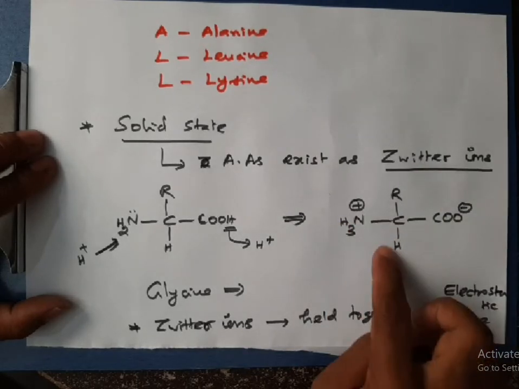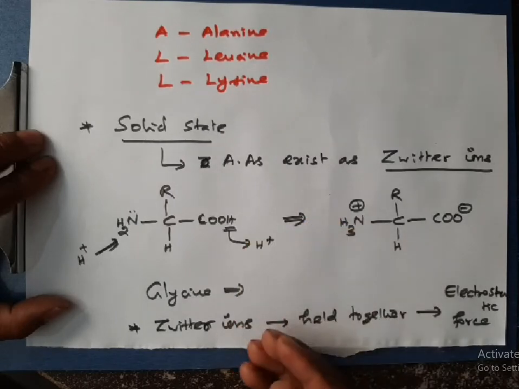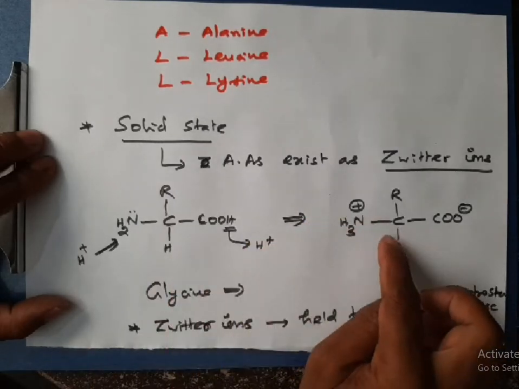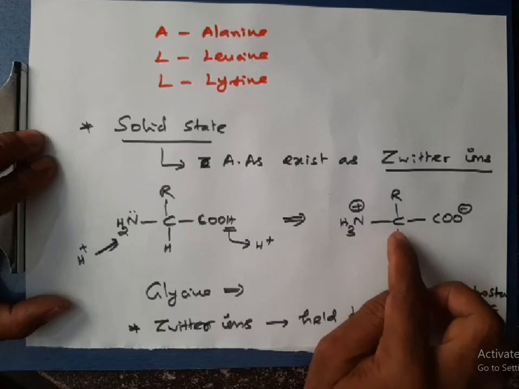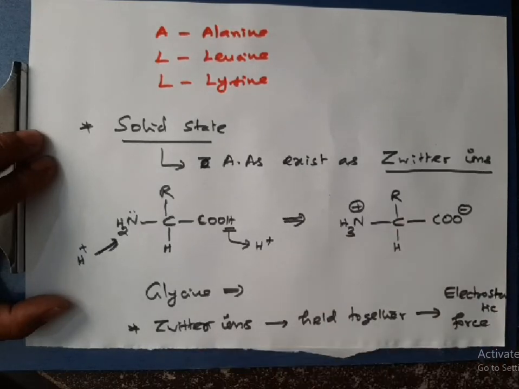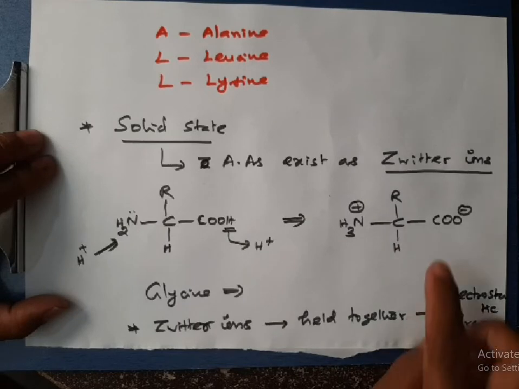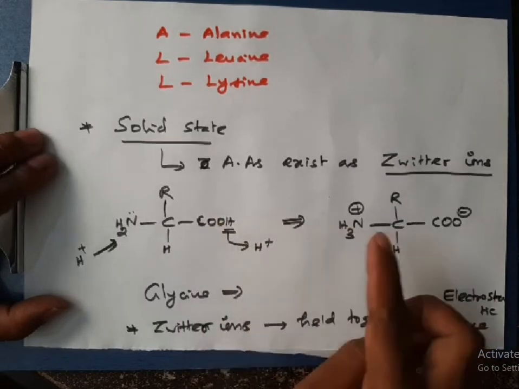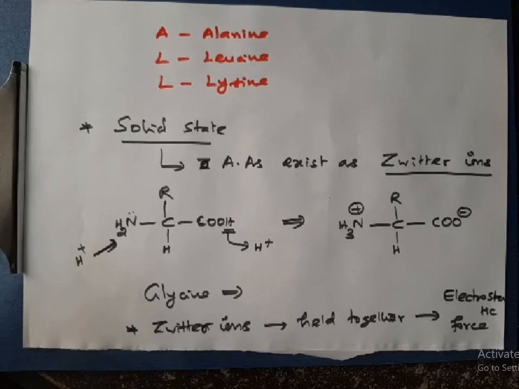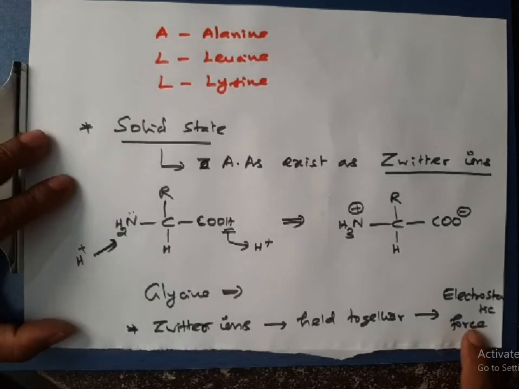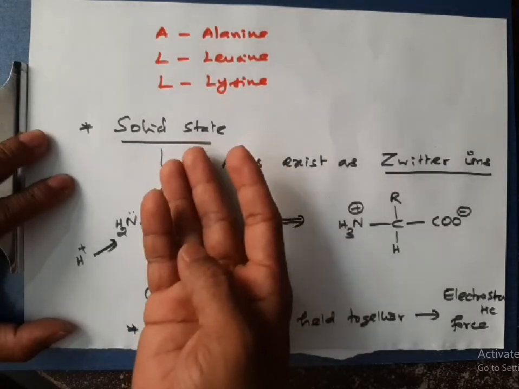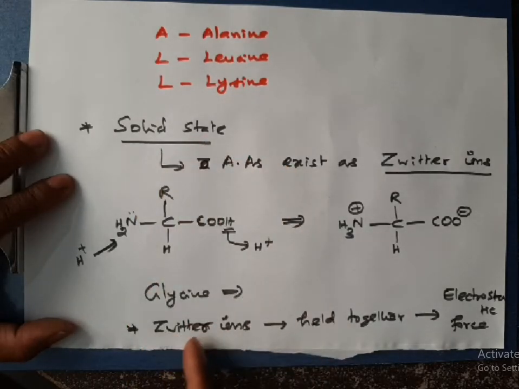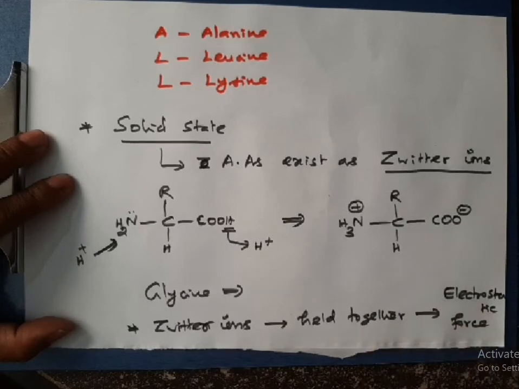See, if you take amino acids in the solid state, the lattice points are occupied by these ions called zwitter ions. One zwitter ion and adjacent zwitter ions are held together by strong electrostatic force.